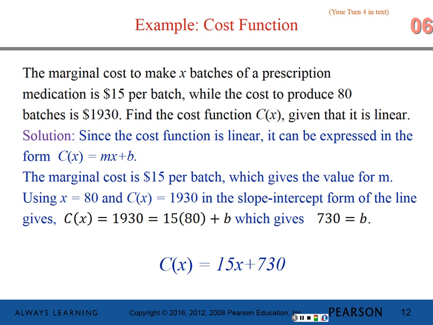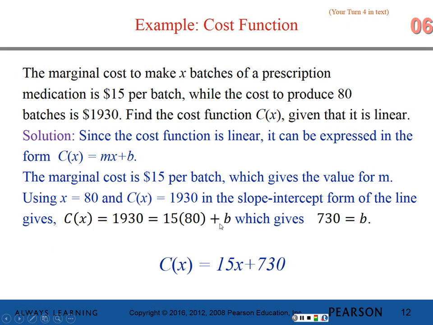And then we have a point that 80 for X produces a cost, C of X, or C of 80, of 1930. So we use that information with our linear cost function, C of X equals MX plus B, and plug in that the cost of 1930 comes from making 80 batches, and then the marginal cost is $15 per batch.